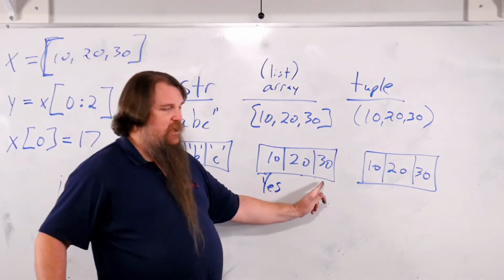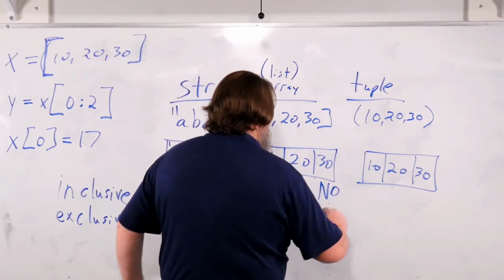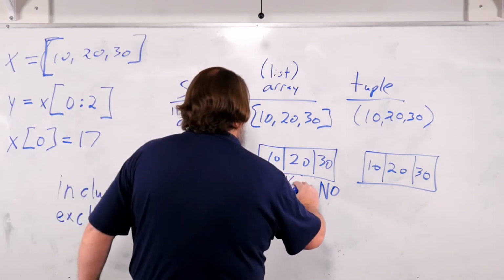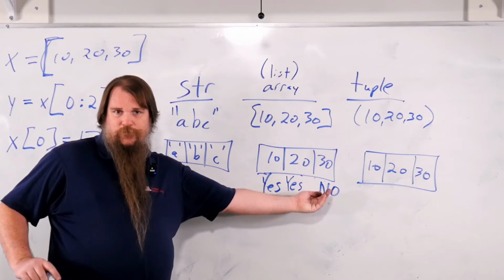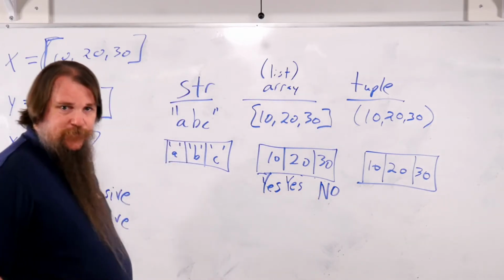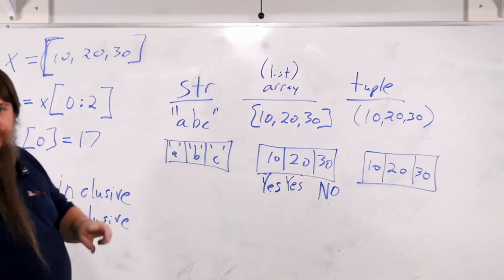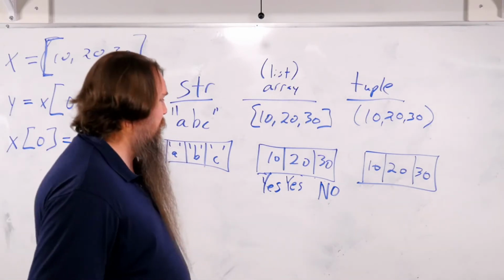Element 2 was over here. So this is not included. So when we do a slice from 0 to 2, this is what we get. We get exactly 2 elements. You'll find that handy. You'll notice that the difference between these two indices is 2. So the resulting array is length 2.